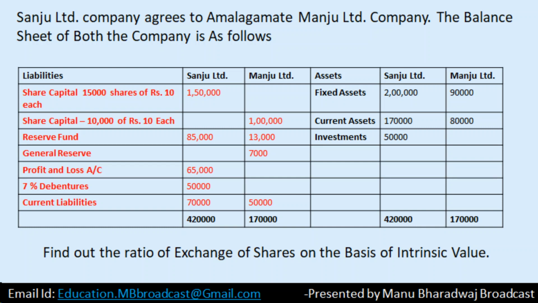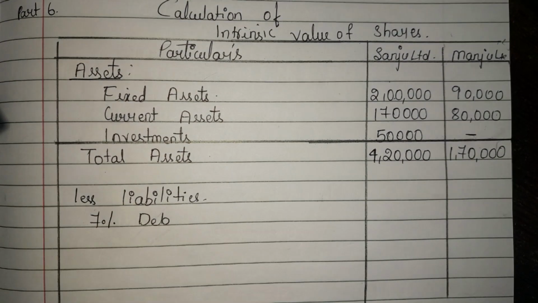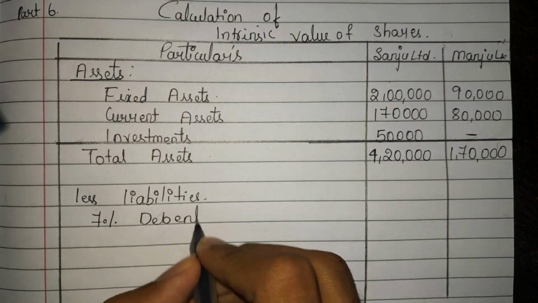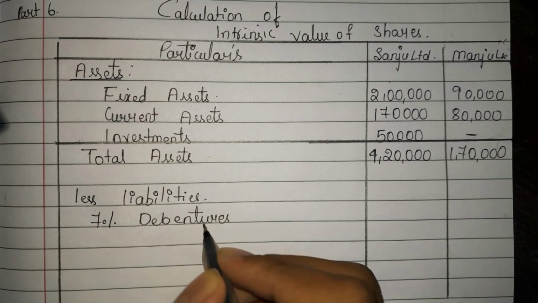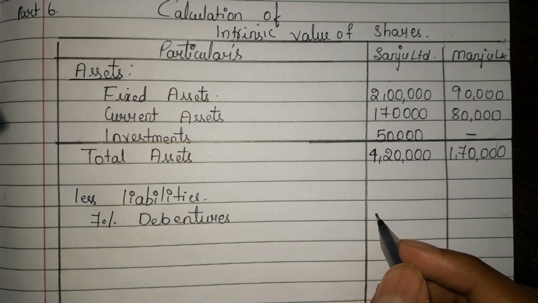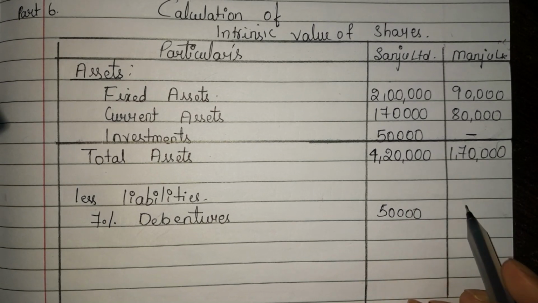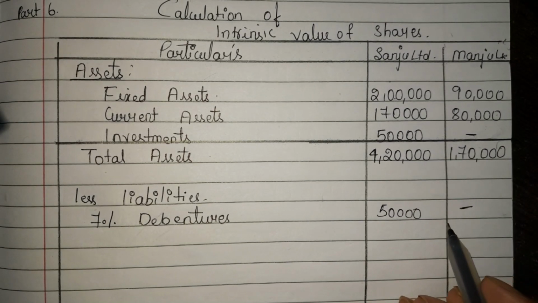We need to consider only 7% debentures as well as current liabilities. The Sanju Limited debentures is 50,000 and Manju Limited doesn't have any debentures.